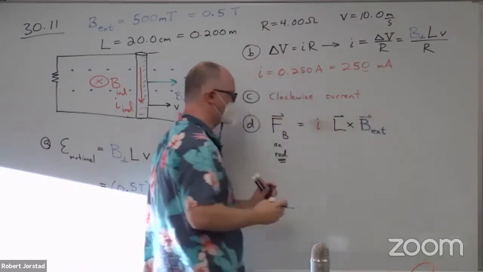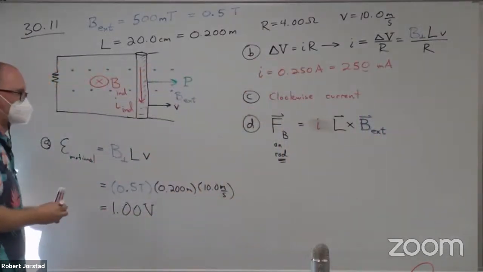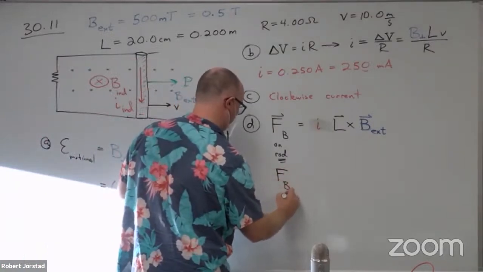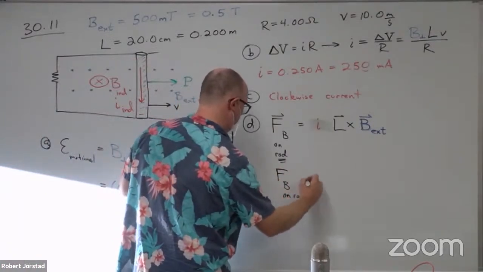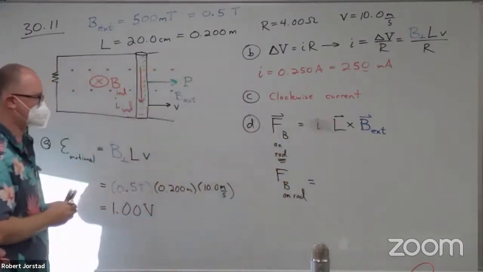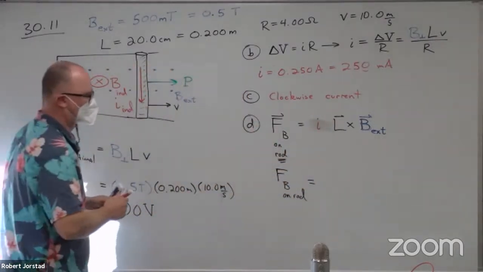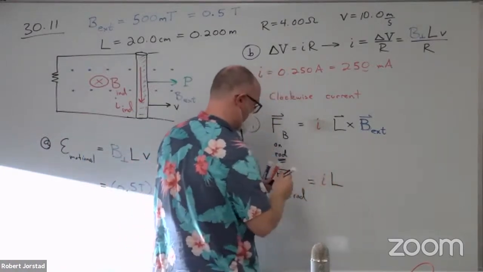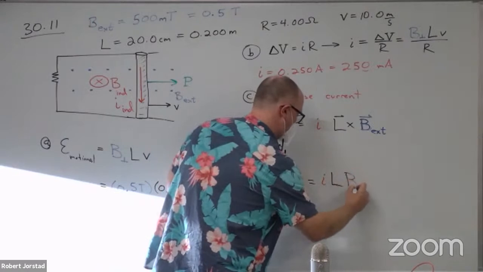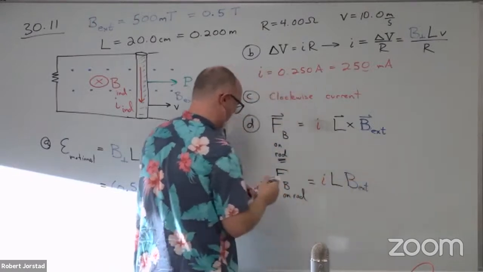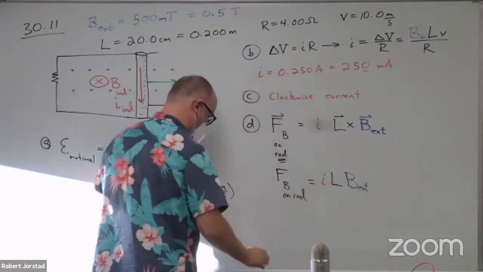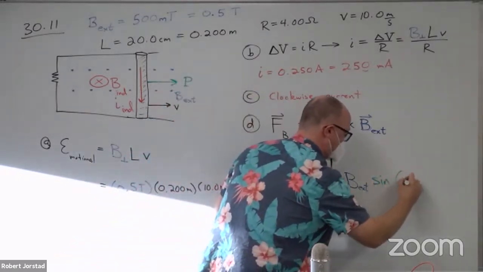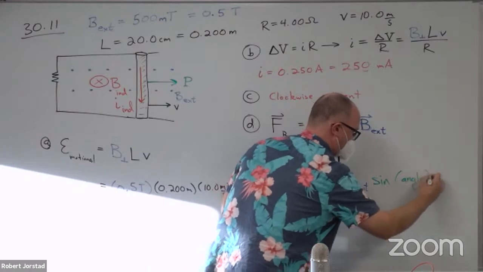Okay, now I think in this part, we just need the magnitude, right? If I just want the magnitude, in this case, how could we simplify that? I L B sine, and I'm going to say angle like that, just because.